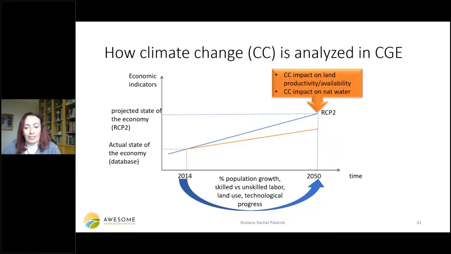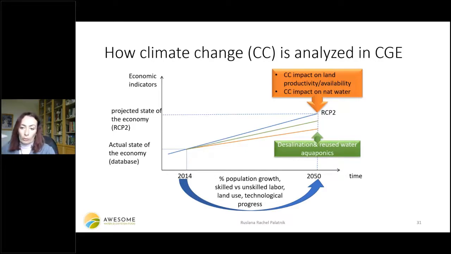But in our project, we have other moderating impacts, which are desalination and use of reused, treated water, and also aquaponics, which basically allows to provide food with less use of water and land.